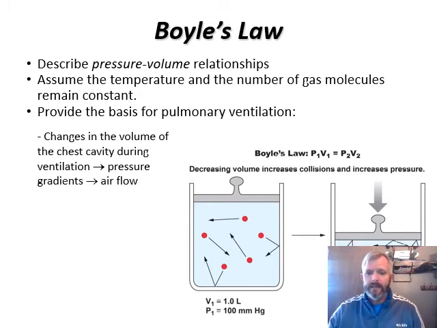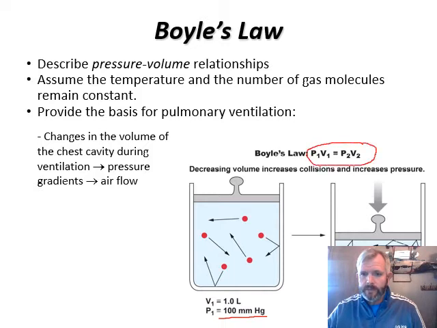If I expand that region, what happens to the pressure? Now if I make those same lungs smaller in volume, you can see the pressure increases. This is called Boyle's law. The lungs are the same, I can change their volume, but if I change the volume, I change the pressure.